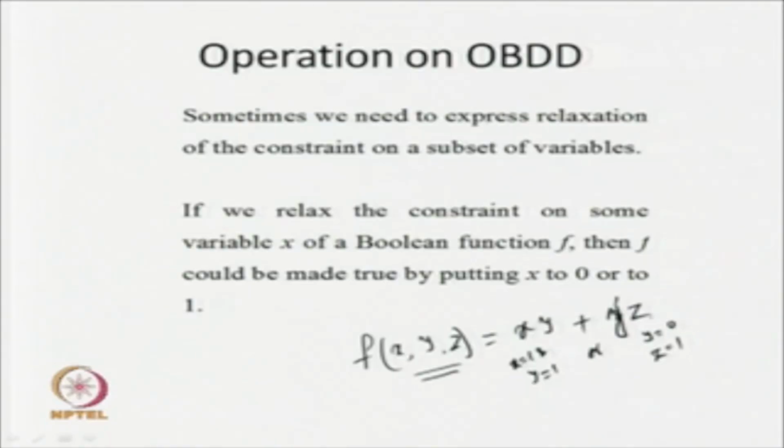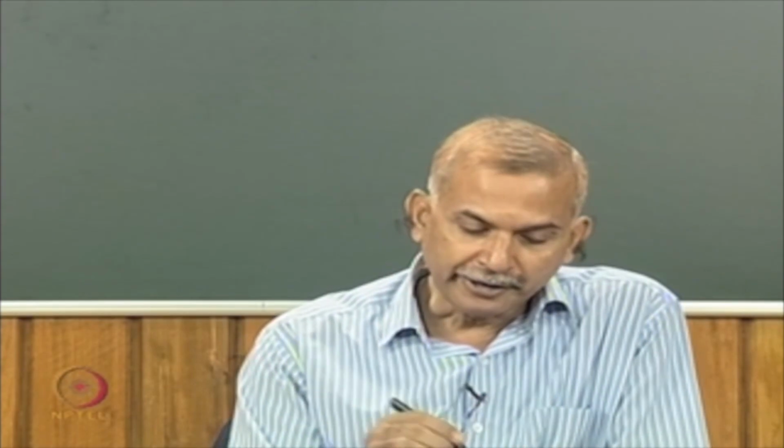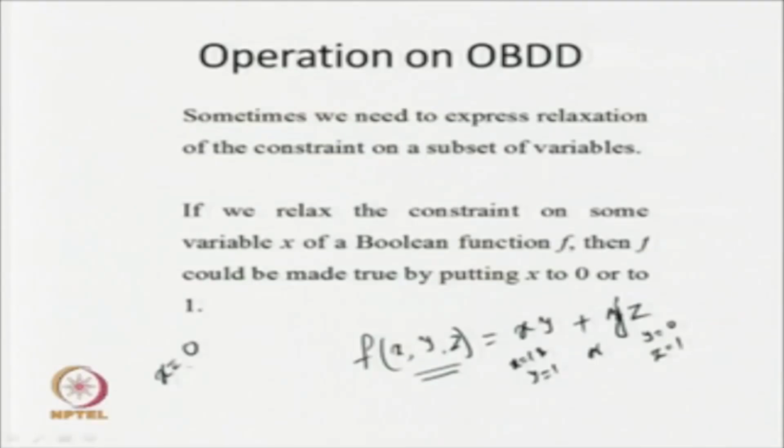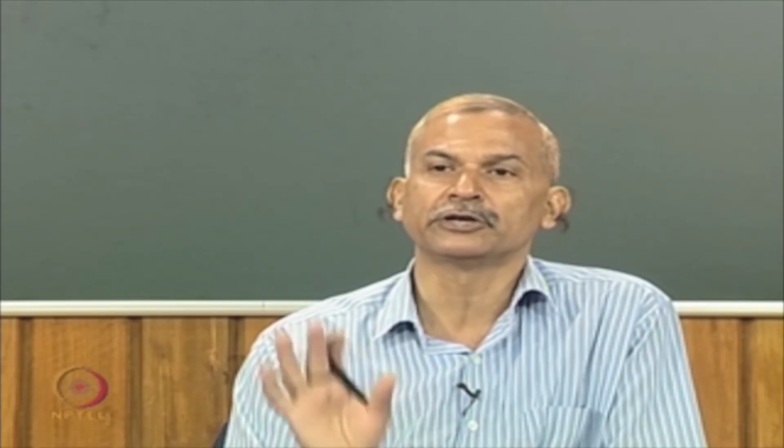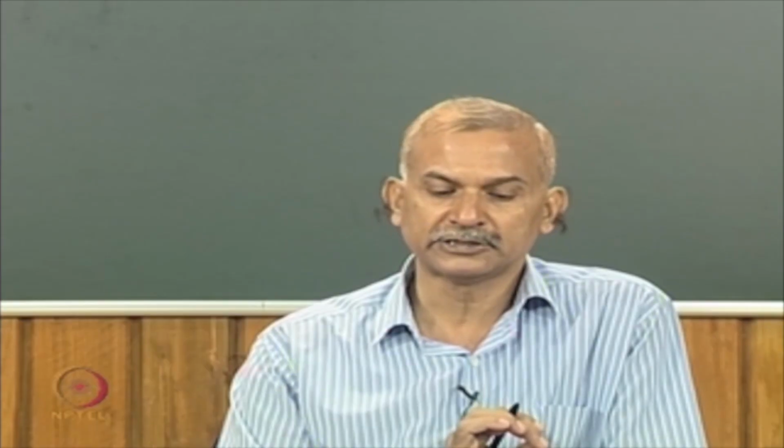That means the functional value will give me the evaluation 1 for either x equal to 0 or x equal to 1. Whatever may be the value of x, that function is going to give me the valuation 1. That means the valuation will depend on other variables. So, in that particular case, we say that we are relaxing the function on a particular variable.